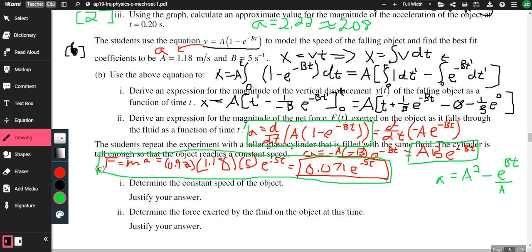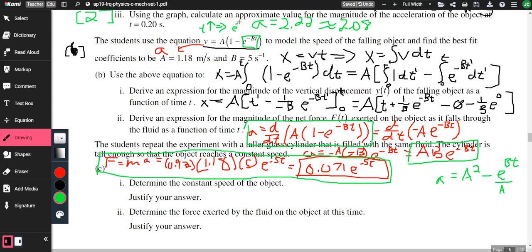Okay, so if we actually looked at this equation, v equals a times 1 minus e to the negative bt, what I know is that this part in particular is going to zero. That's actually why it's curving like that. So as t increases, this e term becomes zero.